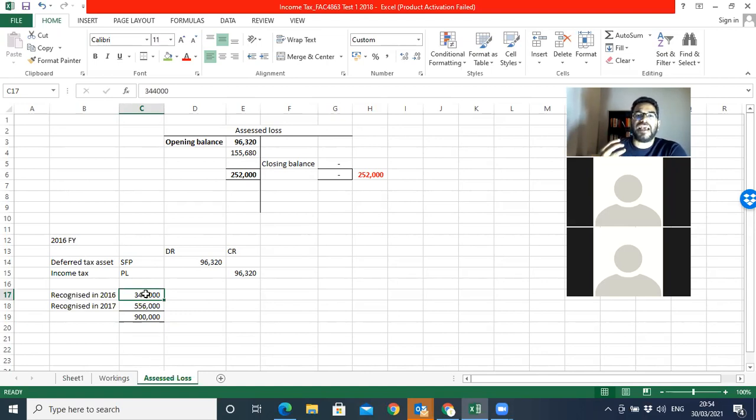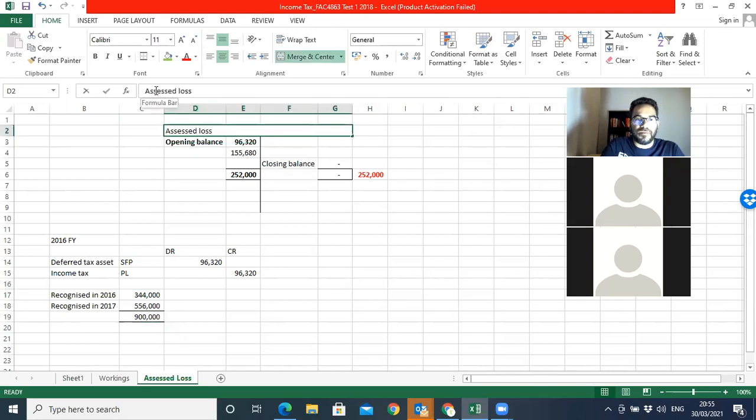This year, because I have enough taxable income, I can recognize the full 900,000. But I said, okay, hang on. I can't just bring in the full 900,000 this year because a portion I brought on last year. So in order to get to 900,000, I bring on an additional 556,000. But remember, these amounts over here are at 100%. We're busy with a deferred tax asset account.